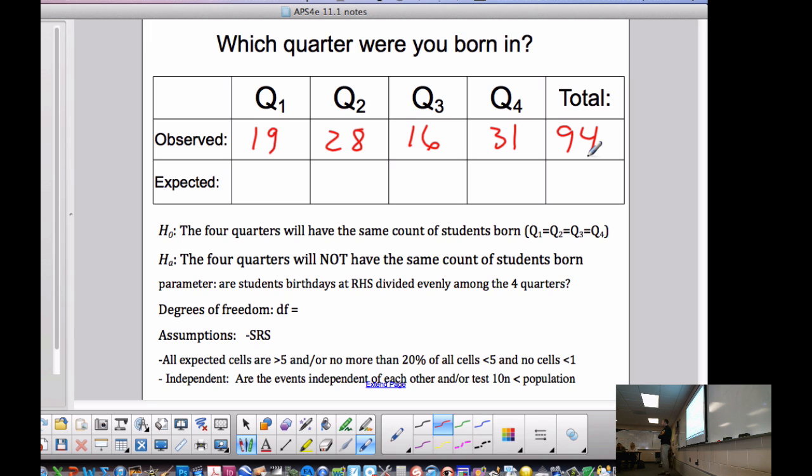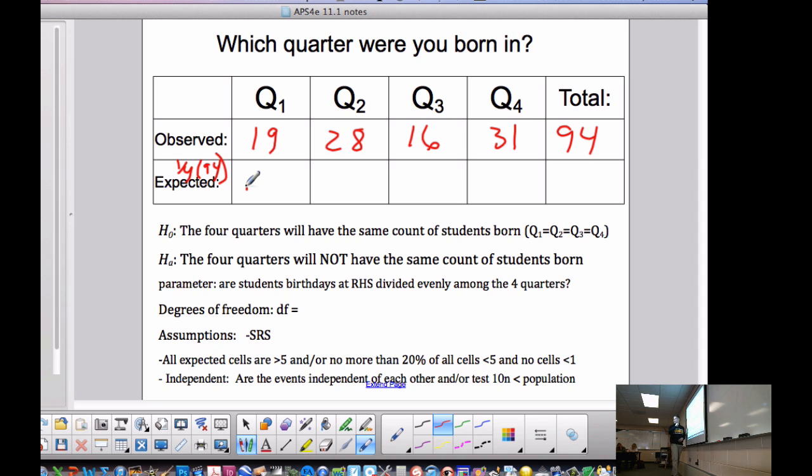Everybody agree? 94 divided by 4. Why 94? That's how many I'm dealing with in this scenario, right? And somehow I have to get a count. Everybody agree that it's going to be a fourth of 94? What's a fourth of 94?